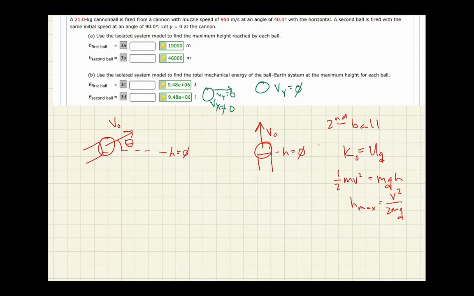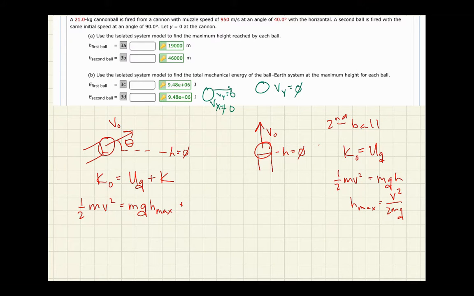If we really want to use the isolated energy model in its entirety, then we would set it up this way. The kinetic energy at the beginning is going to be equal to the gravitational energy at the end plus the kinetic energy at the end, where the kinetic energy at the beginning is 1/2 mv squared. The gravitational energy at the end is m times g times h max, the maximum height.